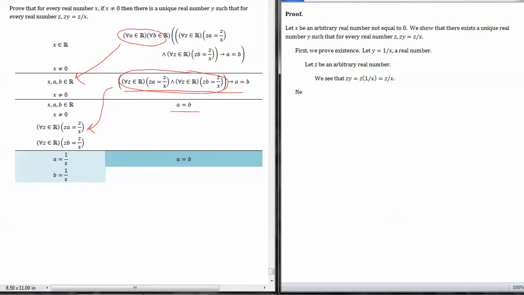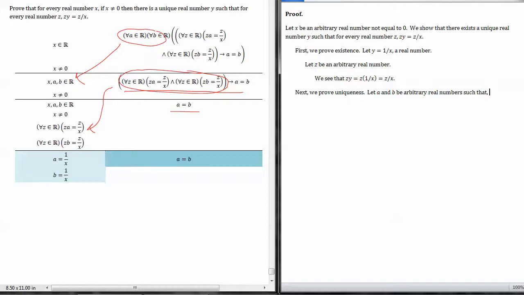So I'll say next we prove uniqueness, let a and b be arbitrary real numbers such that these two statements are true, right?